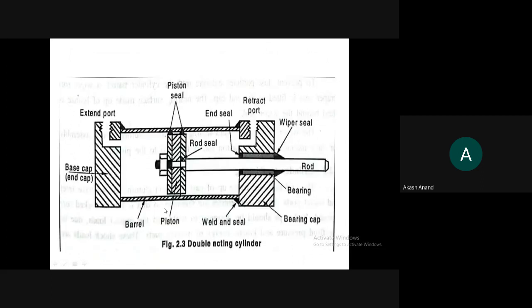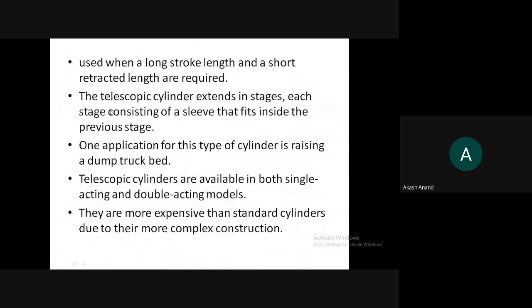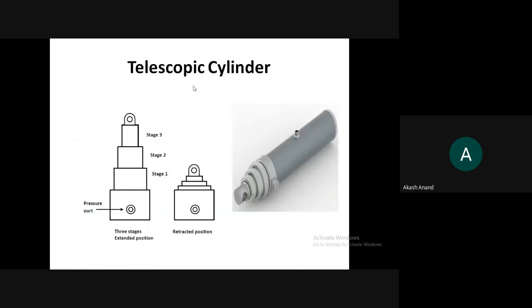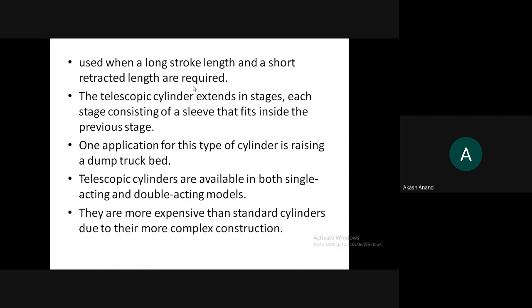If a certain application demands a long stroke length and a short retracted length, we have to go for telescopic cylinders. The telescopic cylinder extends in stages, each stage consisting of a sleeve that fits inside the previous stage.